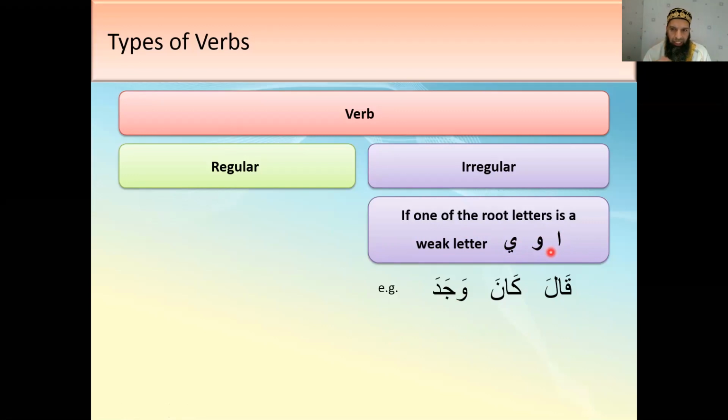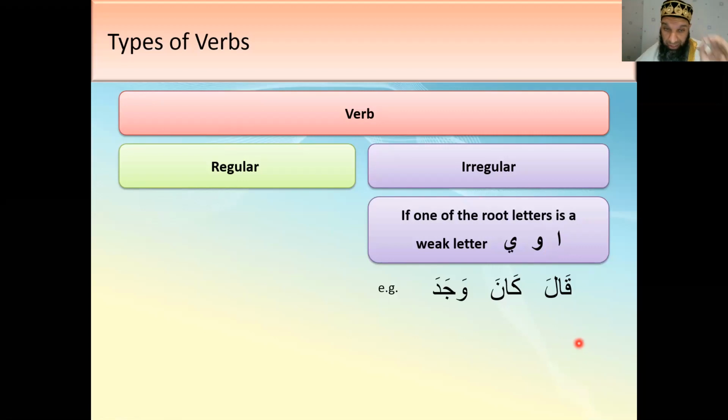So they're weak, and as a result, we have a bit of a problem. Qara'a is weak as well, as far as I know. So that's one way to tell if a verb is weak. So far, the verbs we've done, khalaqa, raja'a, sami'a, fataha, amila, amala, they're all regular verbs. Regular are easy. I'll tell you why they're easy in a bit, inshallah.